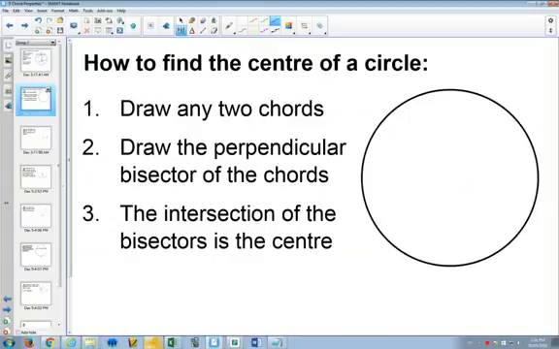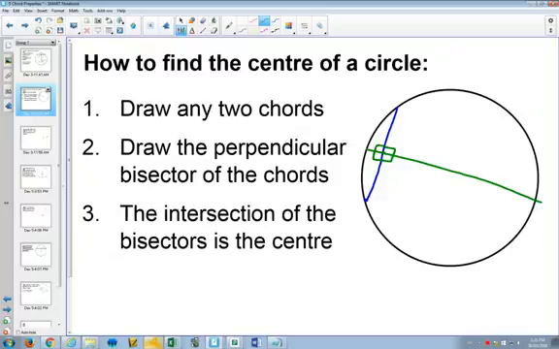So, if you wanted to find the center of a circle, what you could do is you could take any chord here, cut it in half, measure 90 degrees, and draw a straight line.